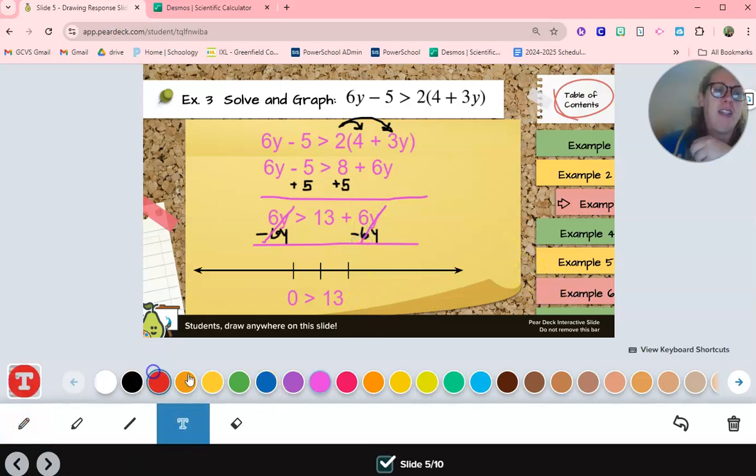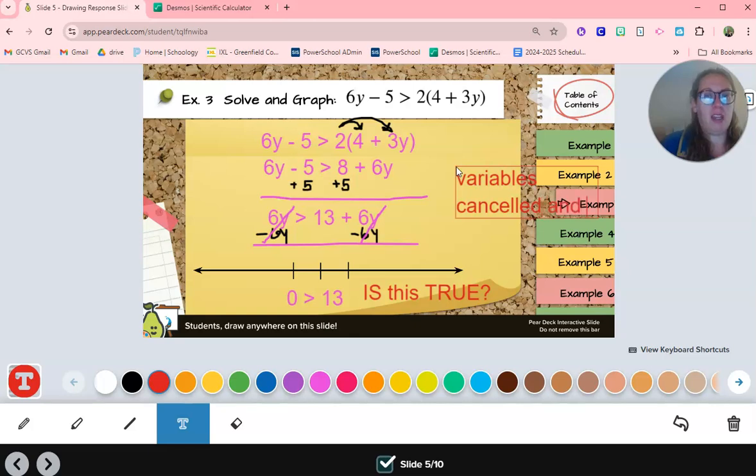So we ask ourselves, is this true? Is 0 bigger than 13? No. So we got our variables canceled, and it's a false statement. So this is no solution.